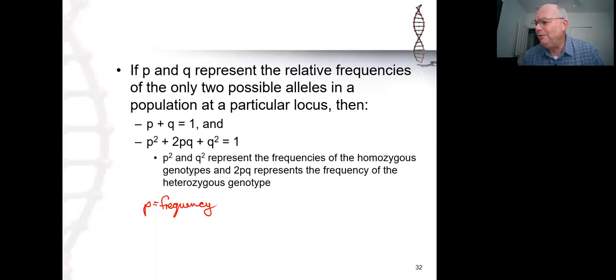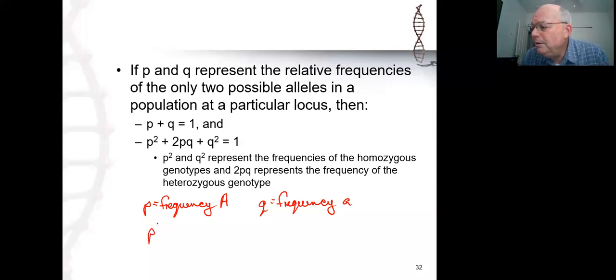So P is the frequency of big A, Q equals the frequency of little a. So it's the frequency of the allele for the dominant trait and the allele for the recessive trait.